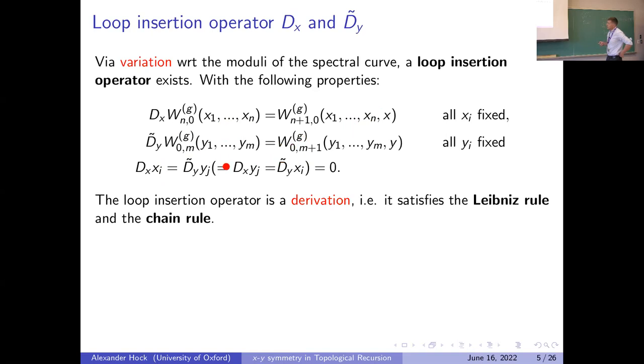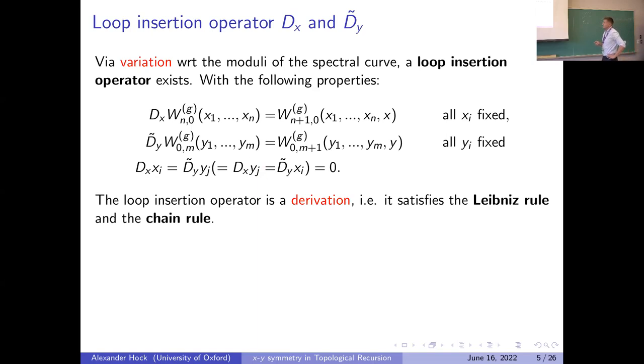But I also assume that dx of small y is 0 and d tilde y of x is also 0. So it means that I can choose this y or this x to be independent of the moduli with respect to which I take the differential, this operator acting on it.